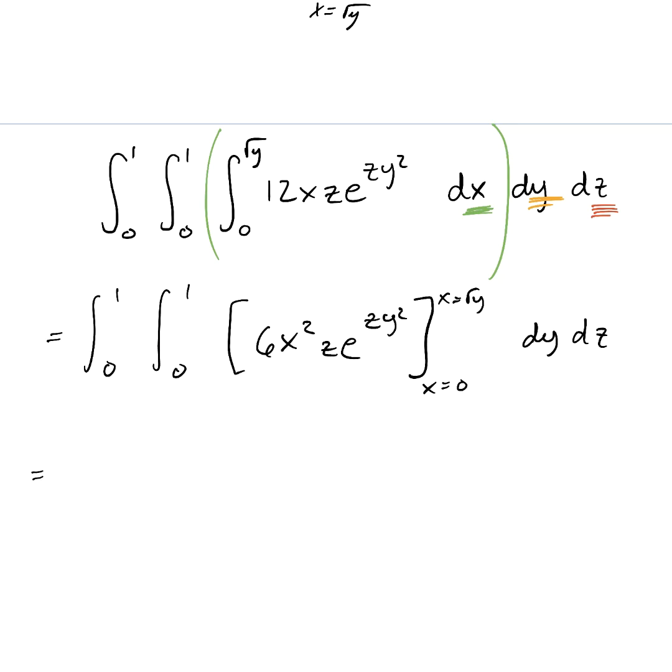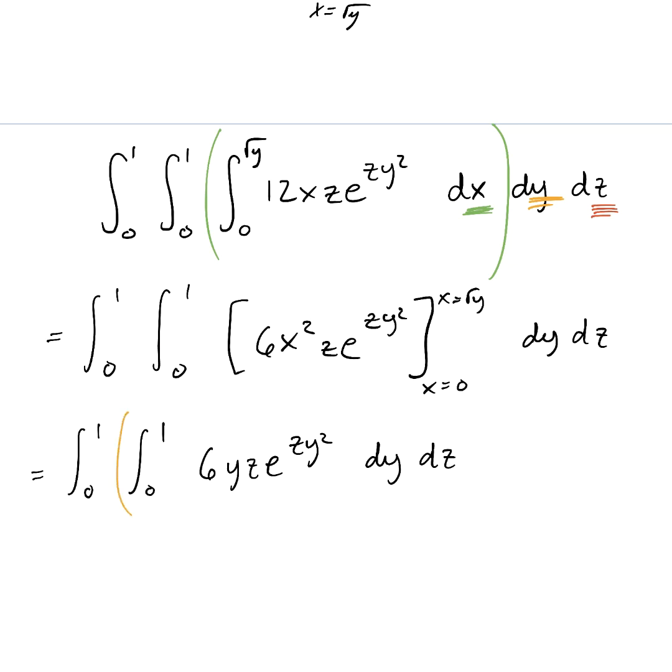All right, let's plug in. Upper limit, when x is root y, you get 6yz e to the zy squared. When x is 0, you get nothing. So 6yz e to the zy squared dy dz.